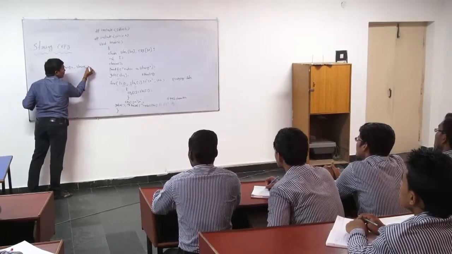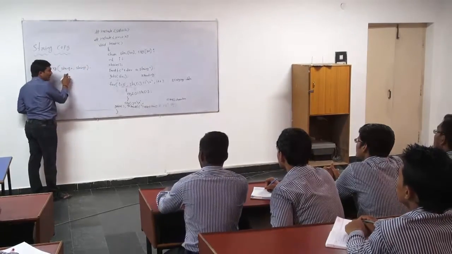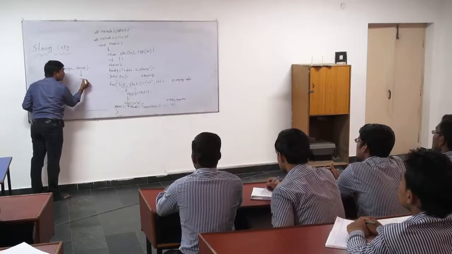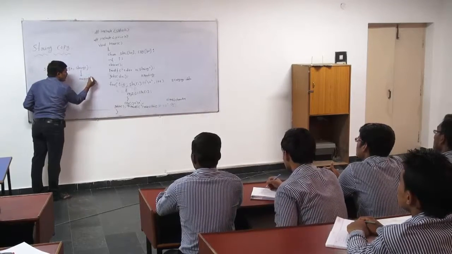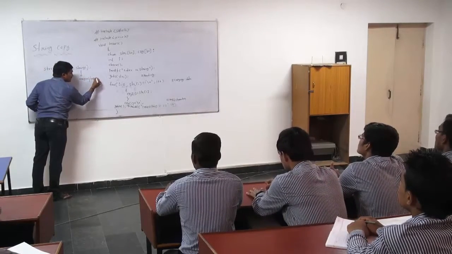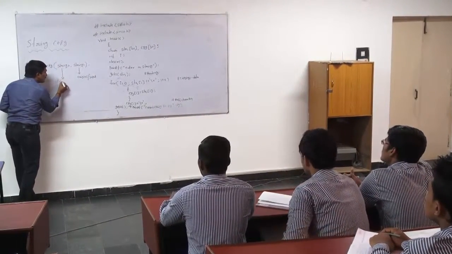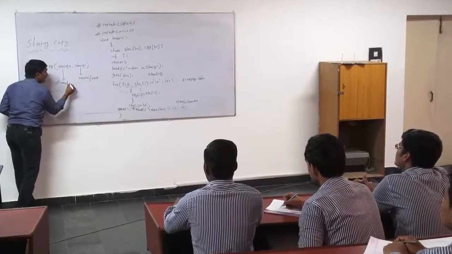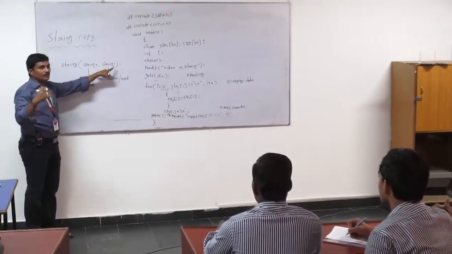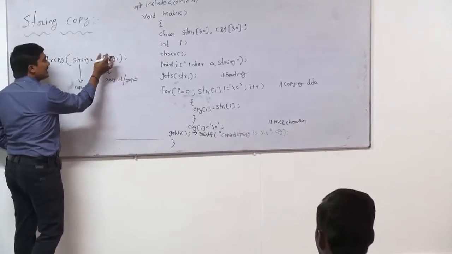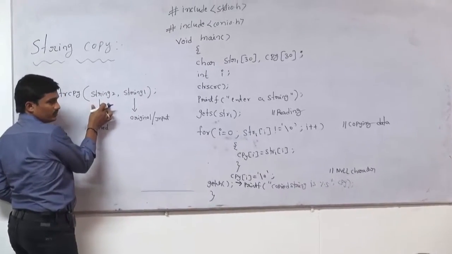Try to follow the sequence. String 2 and string 1. This is which string? This is your original or input string. This is your copied string. So whatever input string you have, that string you write as the second argument. This string is copied to string 2.